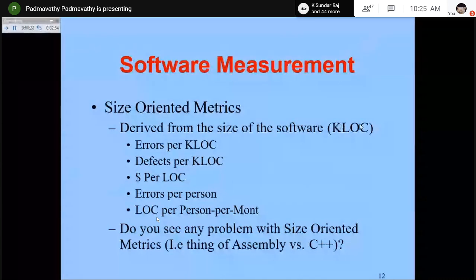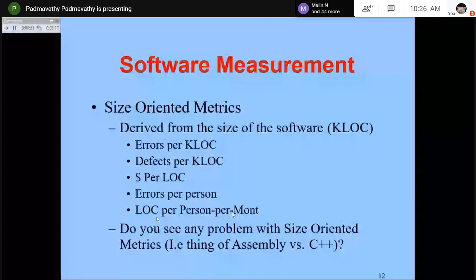So we'll be finding out errors per 1,000 lines of code, defects per 1,000 lines of code, cost spent per line of code, number of lines of code per person, number of lines of code per month. So how much code is developed by a person per month?